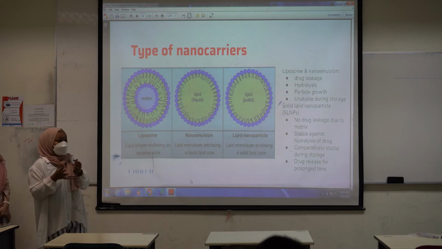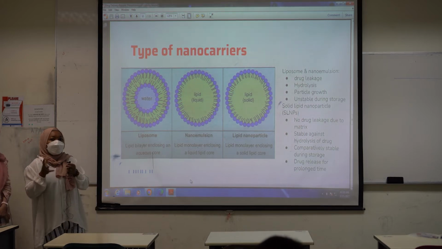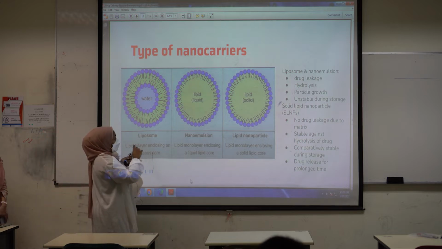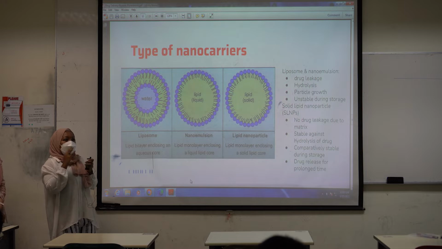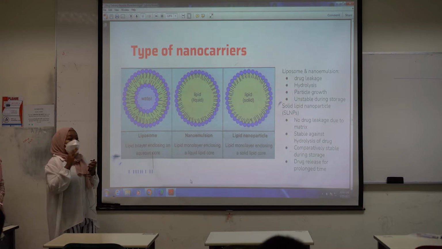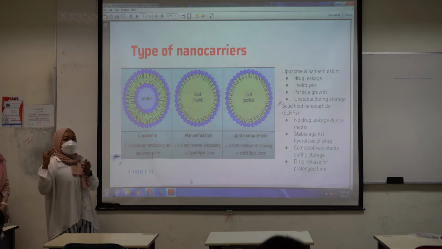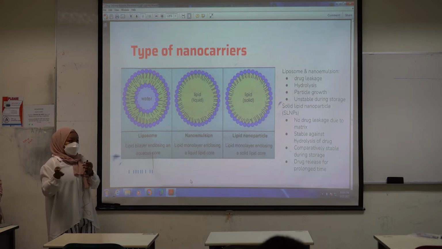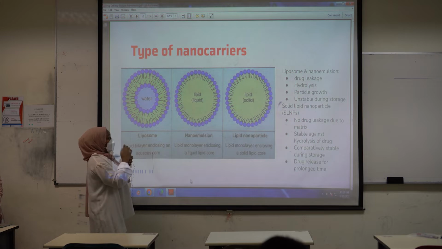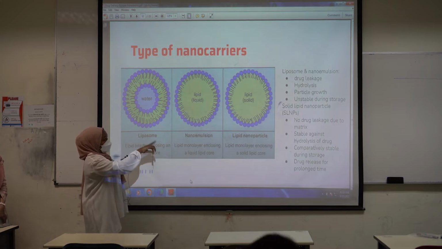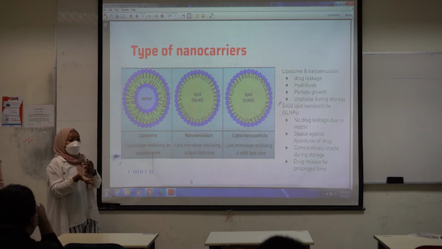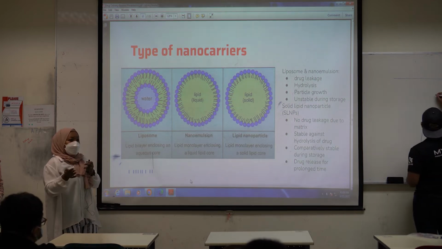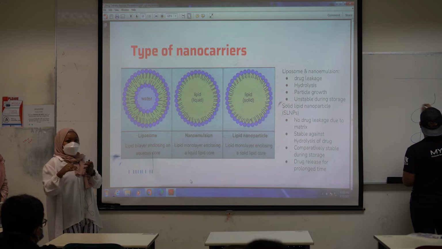So the hot homogenization process is a process in which we take the bulk lipid and mix it at high shear with the active ingredient at a high temperature, higher than the melting point of the lipid. By doing that, the core of the nanoparticle can remain solid even at body temperature or at normal temperature.